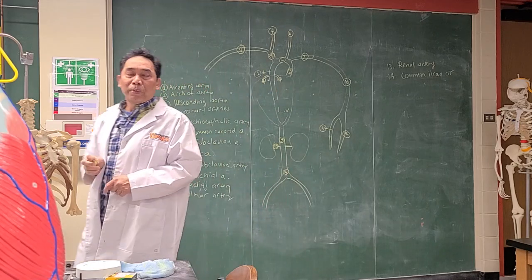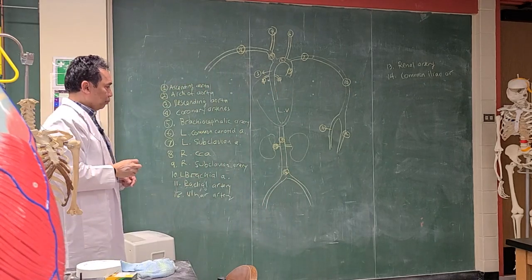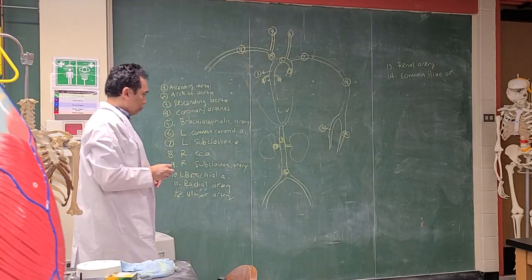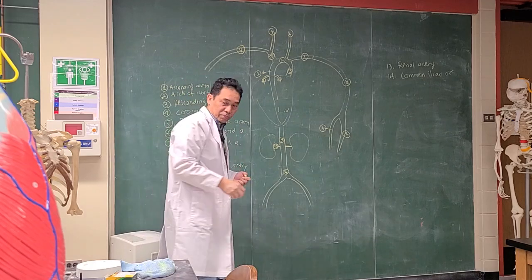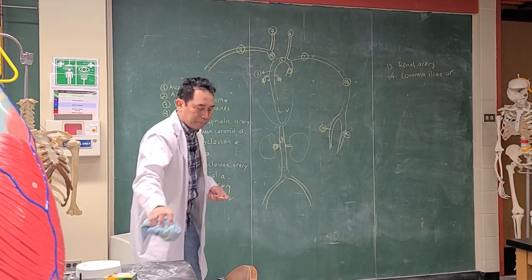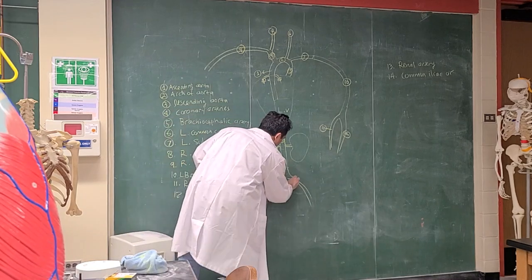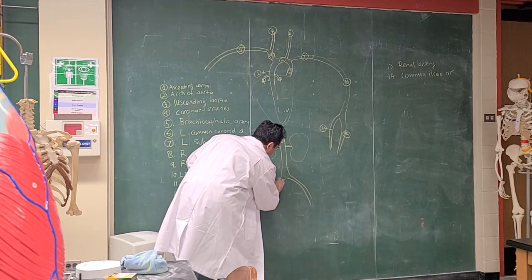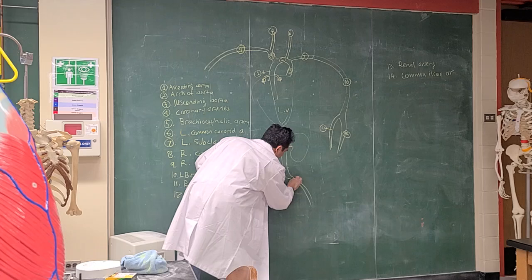Okay, common iliac artery. I have to put it actually on the branchings, not on the tip. Okay, so number 14, left and right.